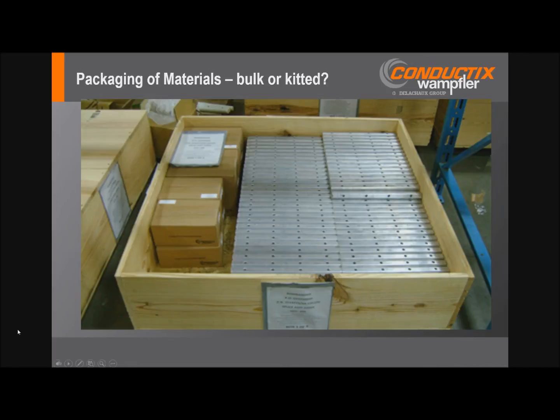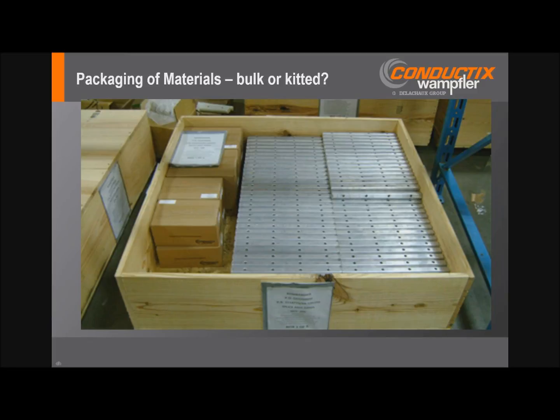But anyway, so packing of materials, bulk or kitted. A lot of times it depends on how the material is going to be positioned on the guideway, moved, cost of labor, available storage. But arrangement and packing of the materials really does play a critical role in project success. When these components are produced, they're handled.